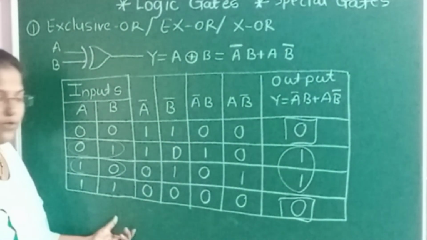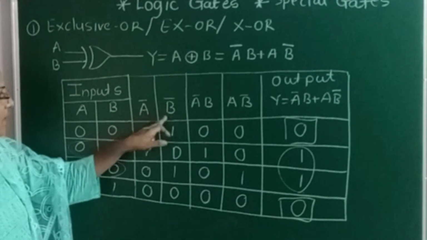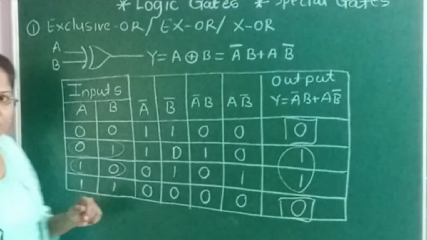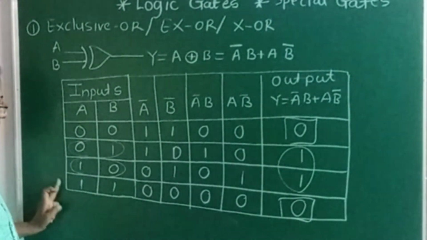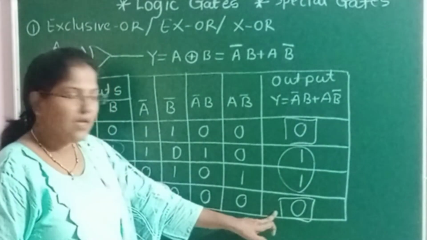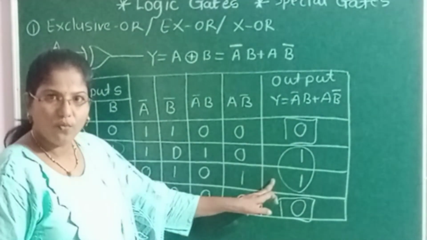So whenever you are going to write the truth table, no need to write the columns of A complement, B complement, A complement B and A B complement. You can just remember that whenever the inputs are the same, the output of the exclusive OR gate is 0. If the inputs are different, then the output of the exclusive OR is 1.